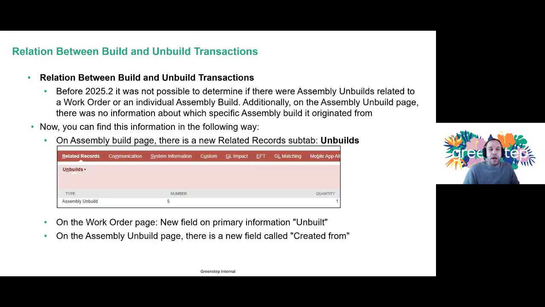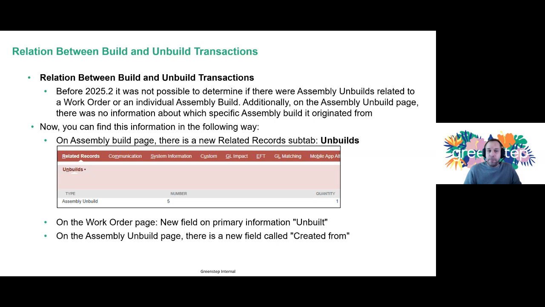And next slide, we have the relation between billed and unbilled transactions. Before, it was not possible to determine if there were assembly unbilled related to a work order or individual assembly billed. Also on the assembly unbilled page, there was no information about which specific assembly build it originated from. So, 3 new things.